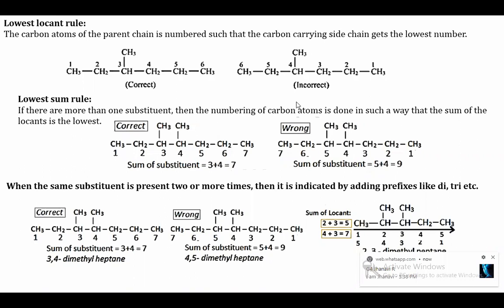Next, especially for this one, you need to understand the number of carbon atoms and the number of substituent groups, whether 1, 2, 3, 4. Based on that, we need to identify and write which will be getting the least number.